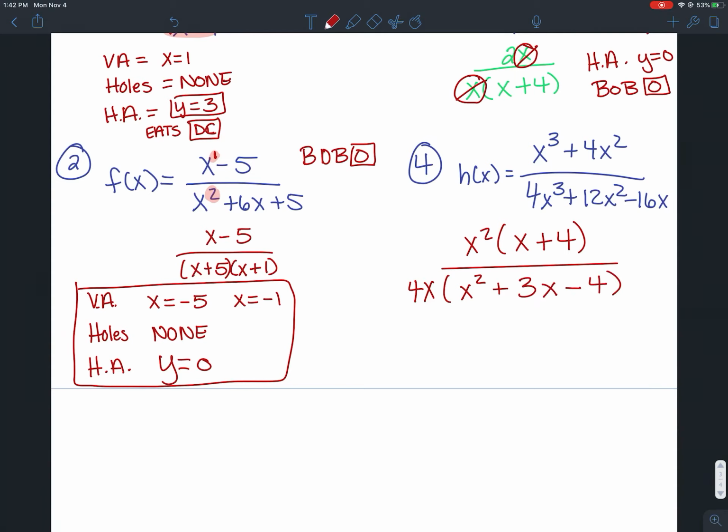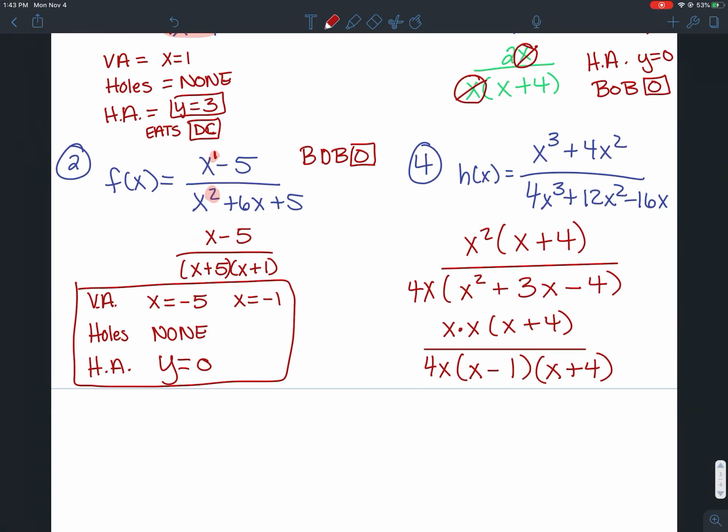Now that's an easy one. I'm going to split that x squared to x times x because that's going to help me with my factoring and canceling and all that stuff. And then I have a 4x down here, and this is x minus 1, x plus 4.